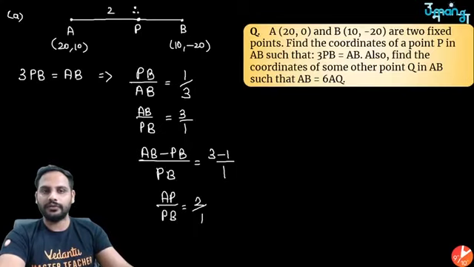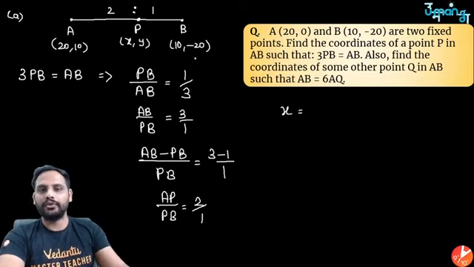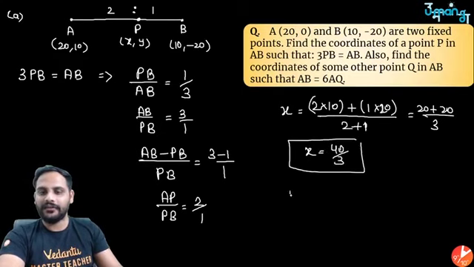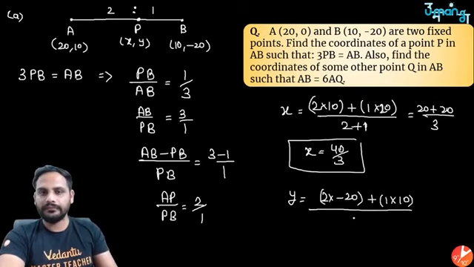Chalo. We got to know the ratio is 2:1. Let's find out the coordinates of P now. So the x coordinate of P will be (2 into 10 plus 1 into 20) divided by 2 plus 1. So the x coordinate will be 40/3. Then the y coordinate will be (2 into minus 20 plus 1 into 10), remember cross multiplication, by 2 plus 1.